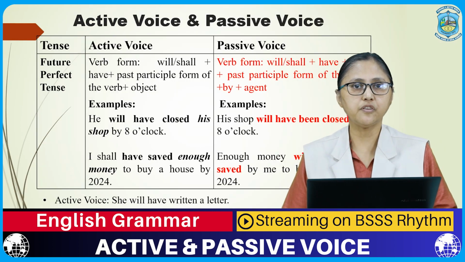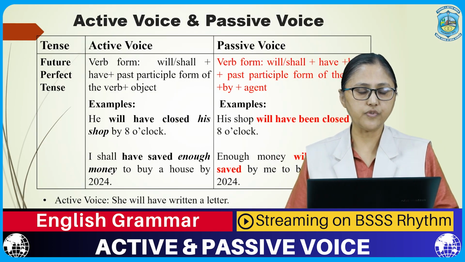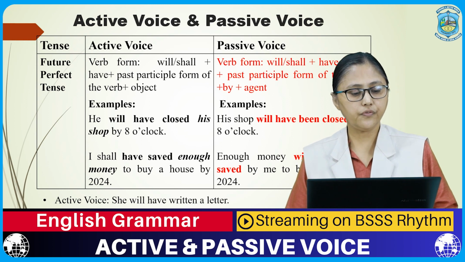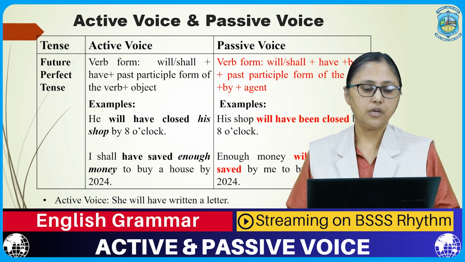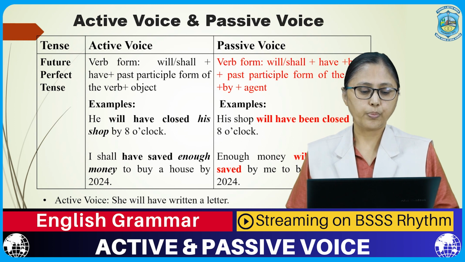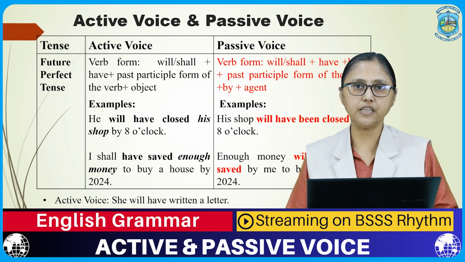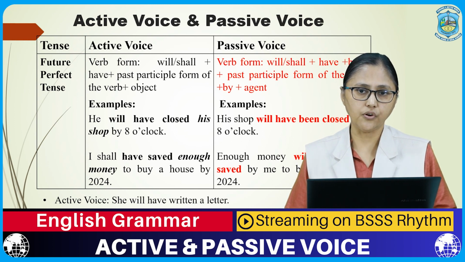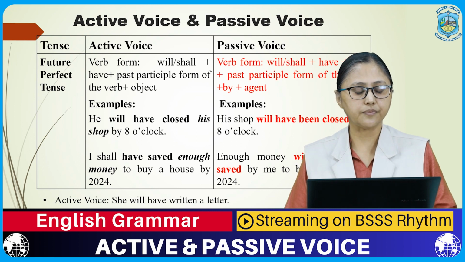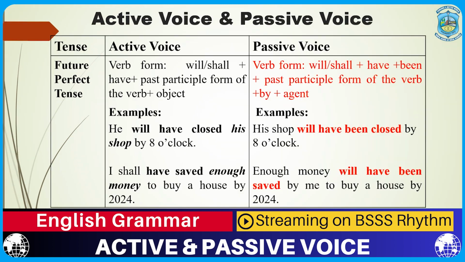Next we have future perfect tense, and the two sentences we have are: He will have closed his shop by 8 o'clock. I shall have saved enough money to buy a house by 2024. These are in active voice. We will apply the formula: will or shall plus have plus been plus past participle form of the verb plus by plus agent.